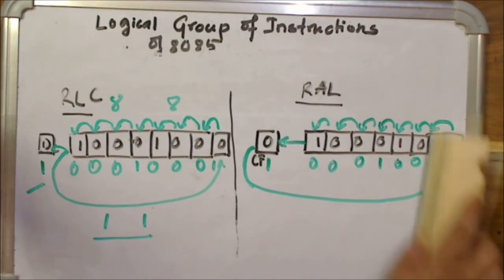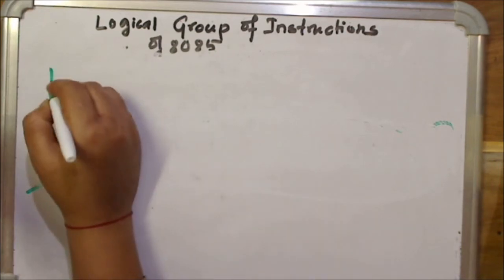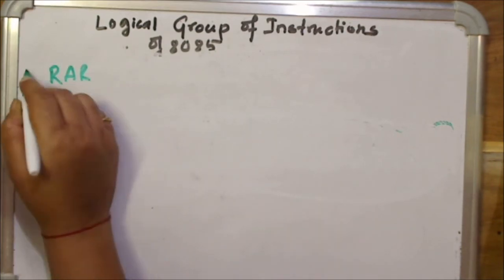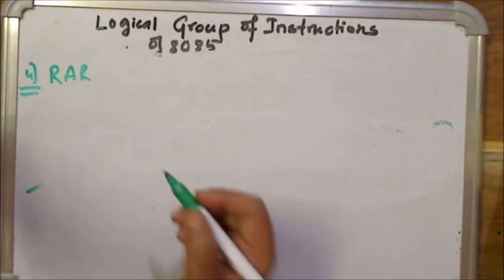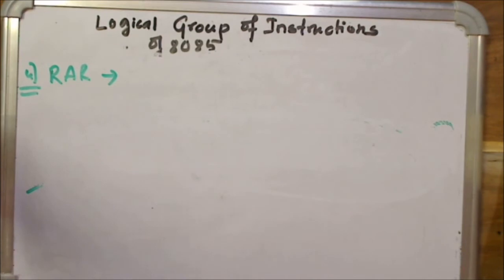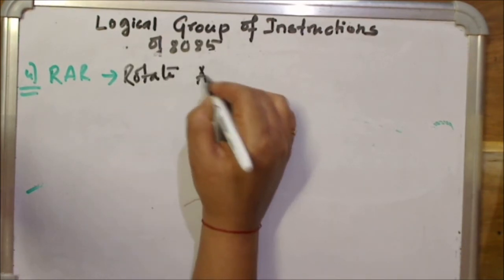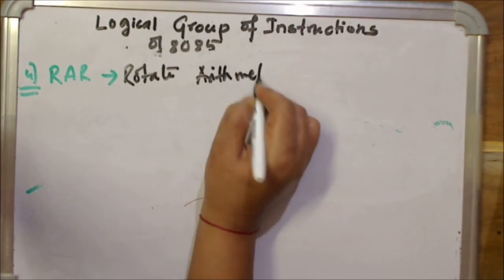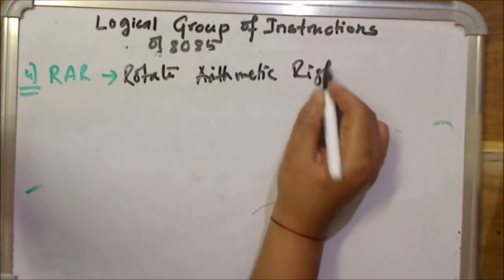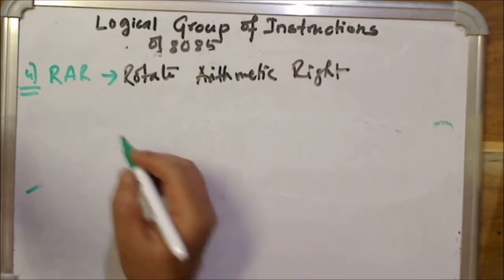Now let us go with the next instruction, that is RAR. This is the last instruction of rotate. What does RAR mean? RAR means rotate arithmetic right.